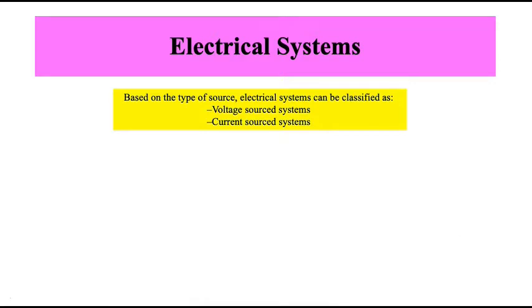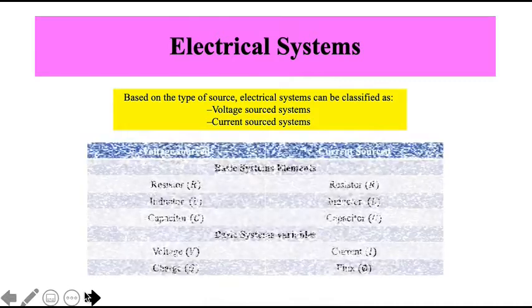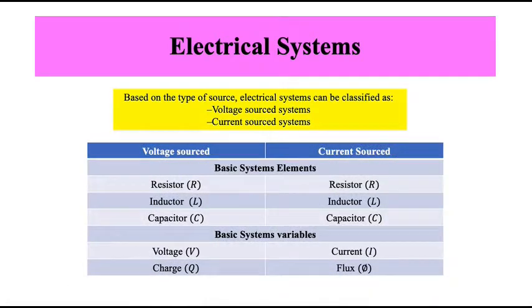In electrical systems, based on the type of source, we could classify a system as either a current source or a voltage source. If I talk of a voltage source control system or circuit, my basic system variables are voltage and charge.